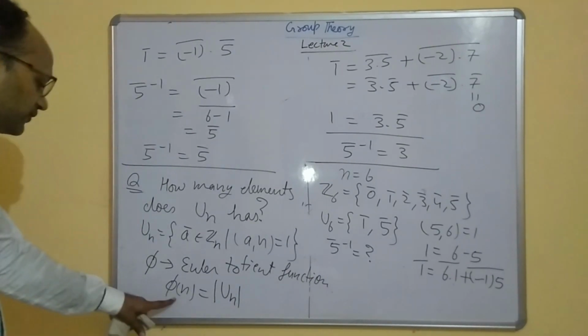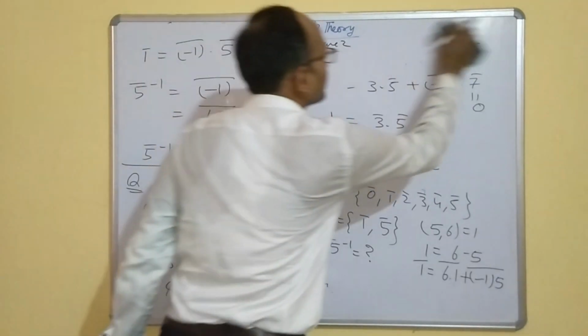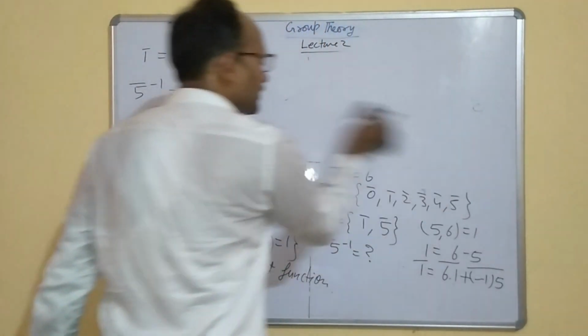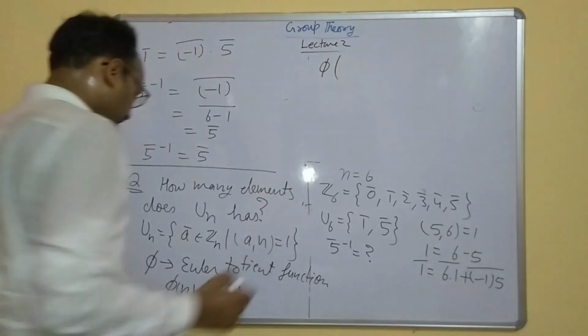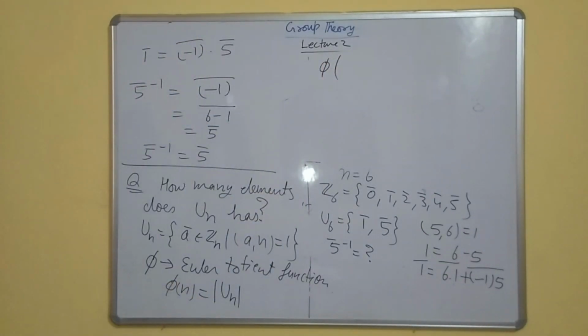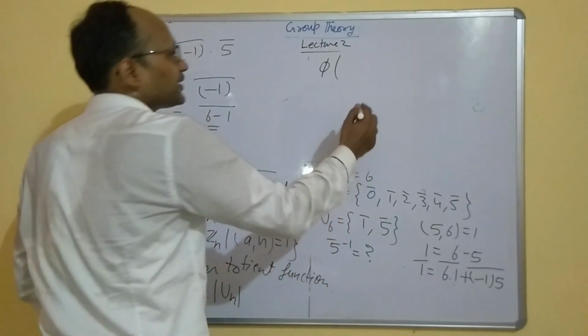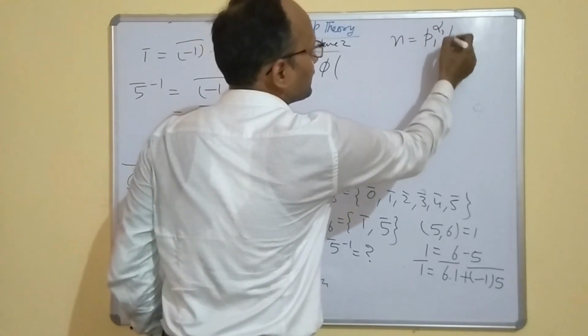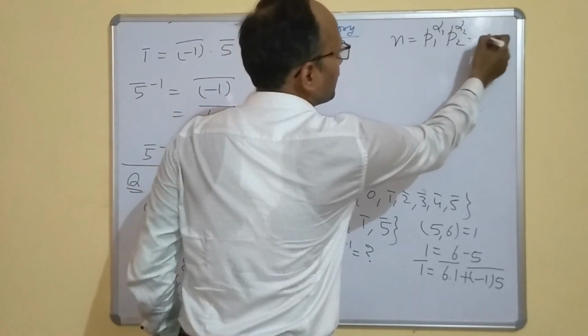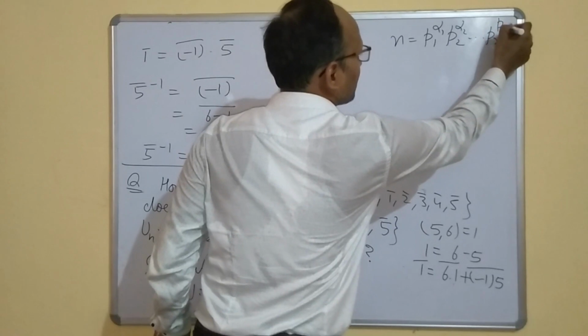So the order of Un will be phi of n, and the formula for phi of n is as follows. If n is an integer, then n can be written as a product of primes: some prime p1 to the power alpha 1, another prime p2 to the power alpha 2, and so on up to pr to the power alpha r.